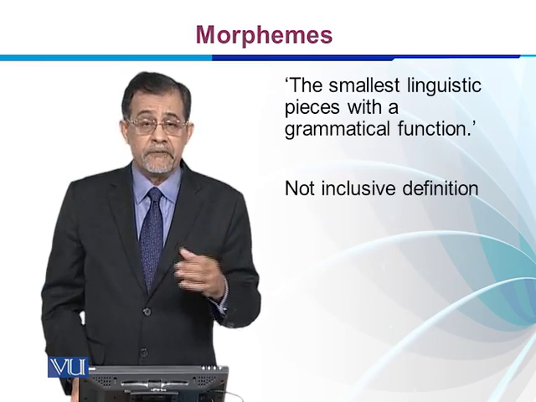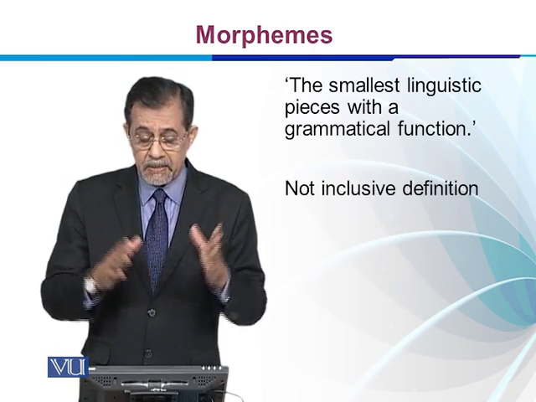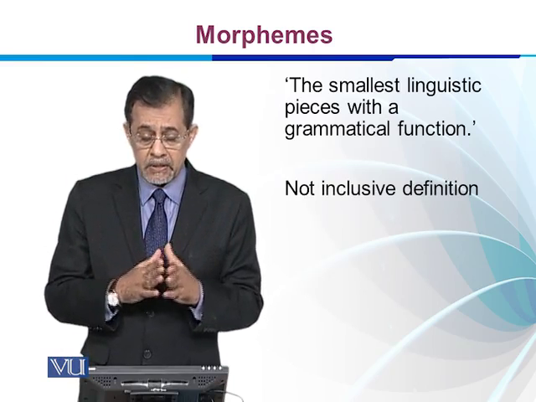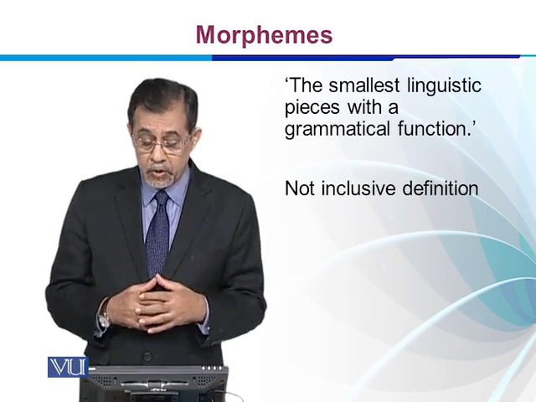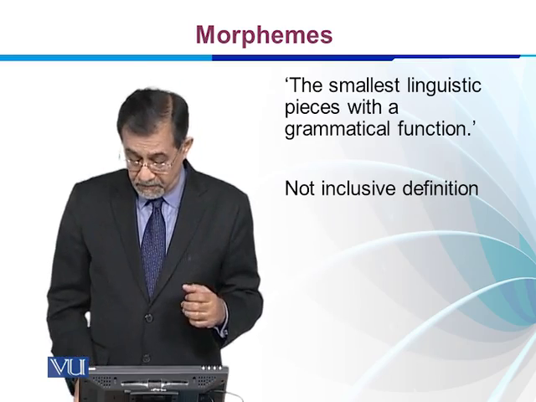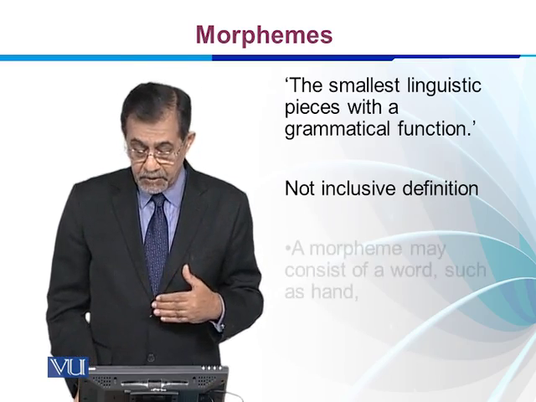As I said, this definition that morpheme is the smallest linguistic piece with a grammatical function is not an all-inclusive definition that leaves no room for any exception.